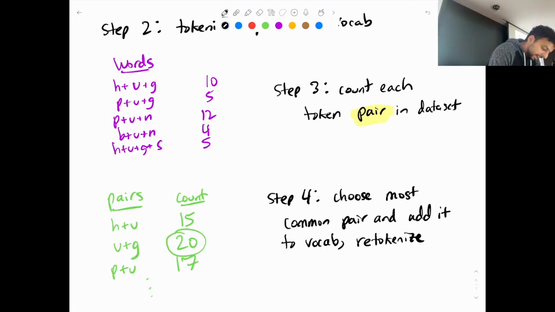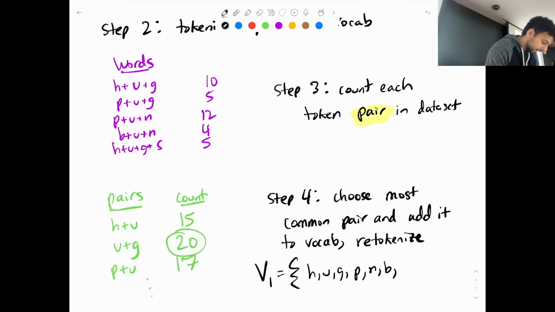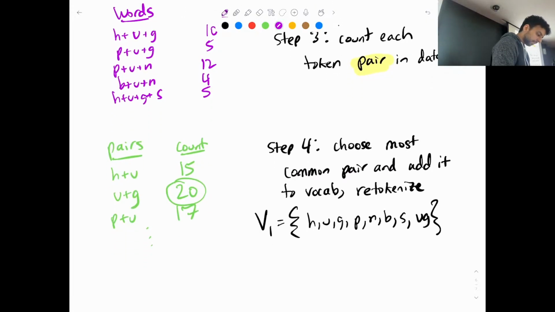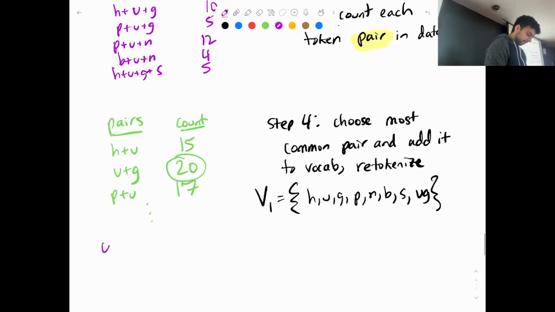So my next iteration of my vocabulary contains 8 word types, not 7. It contains H, U, G, P, N, B, S, and now this pair of characters, UG. If I re-tokenize my data set now, it's going to look a little different. So I have H plus UG.